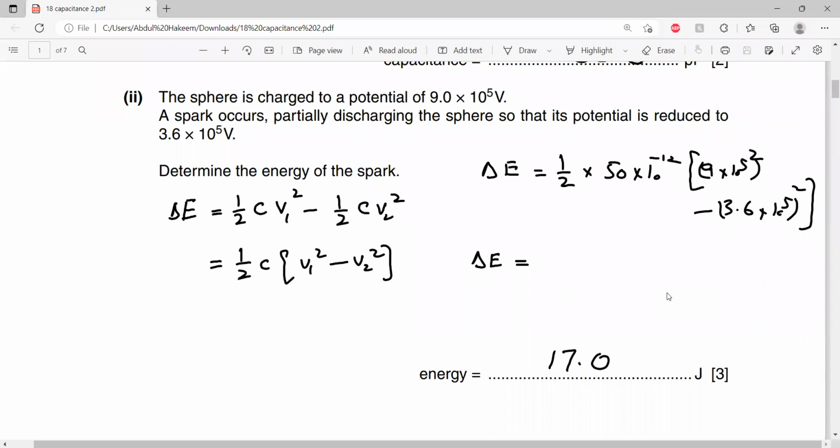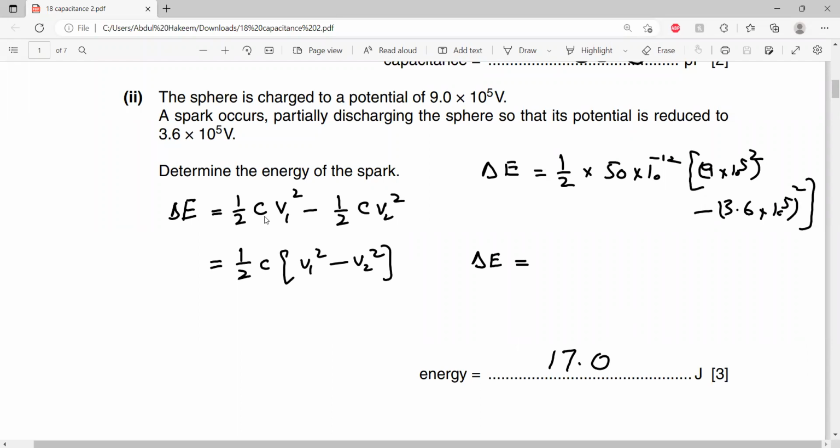This is the initial voltage. A spark occurs which partially discharges the sphere so that the potential is reduced to 3.6 into 10 power 5 volt. So initial voltage and final voltage are given. The question is the energy of the spark, meaning the energy which is lost, which is dissipated. So look, the energy formula is 1 by 2 CV square, but we have to calculate the difference of the energy, initial and final.